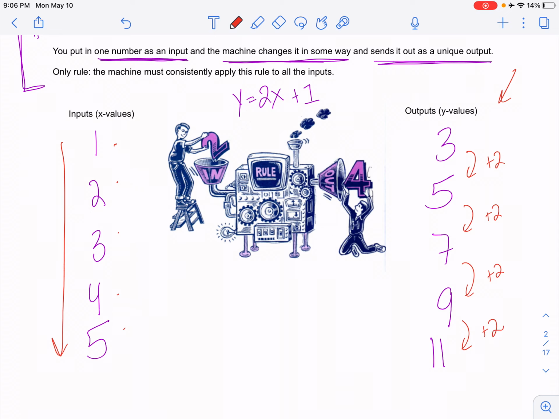Okay, if your difference is this consistent 2, you have what's called a linear function. This will make a straight line when we graph it. And this connects to the coefficient, the multiplier, the number in front of x. Okay, so whatever constant change here, you have to multiply by 2. Okay, we call this kind of the times table. You're in the 2 times table.